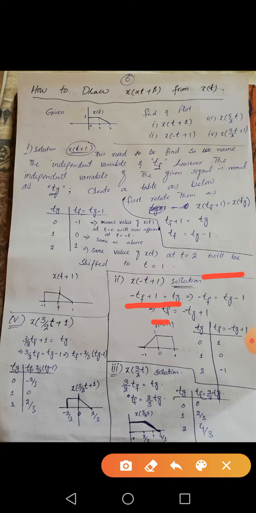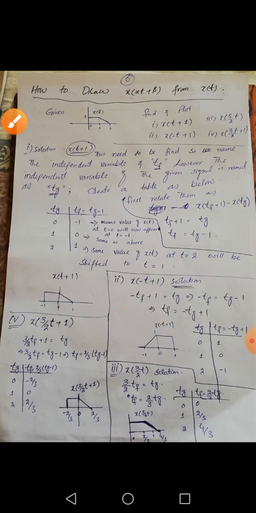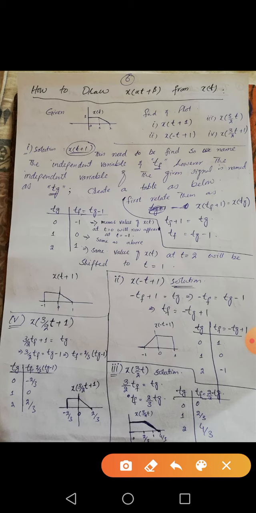Again, you need to define this table, where on one side you have to note the values of the given independent variable, and on the other side you need to note the values of the independent variable of the finding signal.